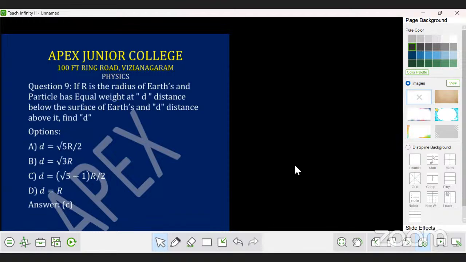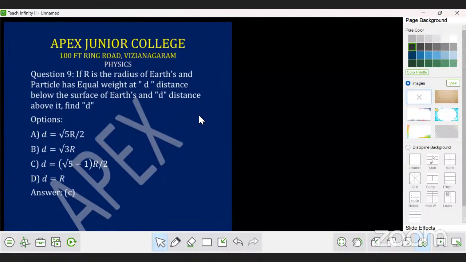That means from the surface, if I consider this is the Earth, this is the Earth's surface, at a height d from the surface and at a depth d from the surface. In both the cases, it is given that the g value remains same. So you have to write equations for both of them. How does g value vary with height?